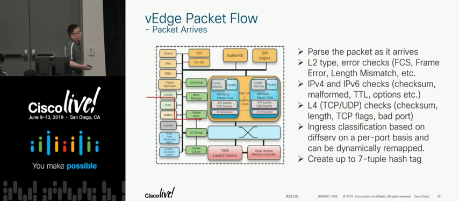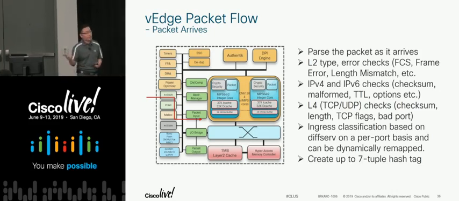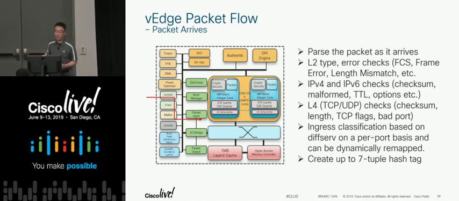After that, it will perform ingress classification based on the DiffServ values, the ToS values, on a per-port basis. That classification can be remapped using the QoS configuration we'll talk about in a moment.